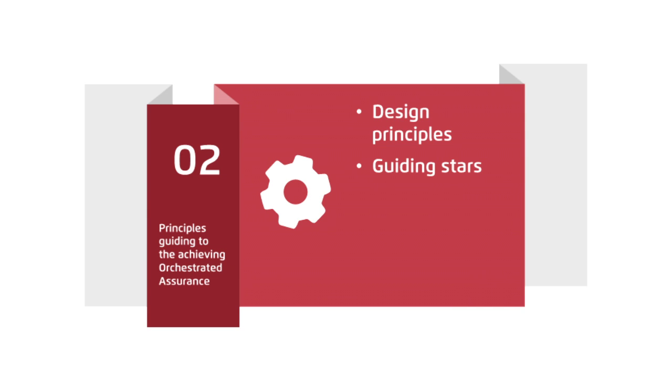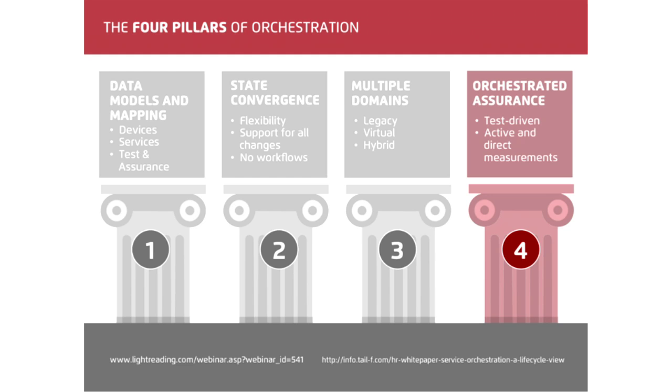Okay, so what I will go through now is a set of foundations, a set of principles that we've been using both when designing the solution and sketching how this should be done. There was a previous Light Reading webinar a couple of weeks ago where I presented what I called the four pillars of orchestration, where one was orchestrated assurance.